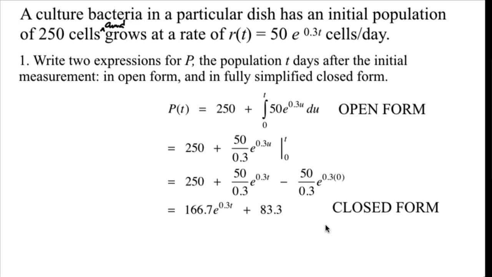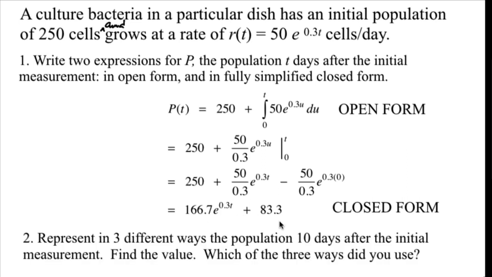So notice, here's the big takeaway from having to plug in this 0. The constant in closed form, is it the amount of the accumulation at 0? Is it the little f of a? Right? So what I'm asking is, this constant right here, is that the same as this constant? No, right? So the amount of population at 0 is the 250, but in closed form, in this case, you don't end up with plus 250.